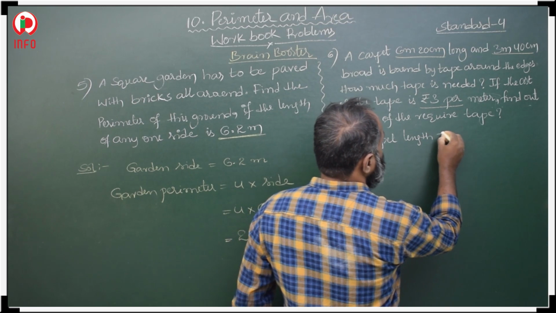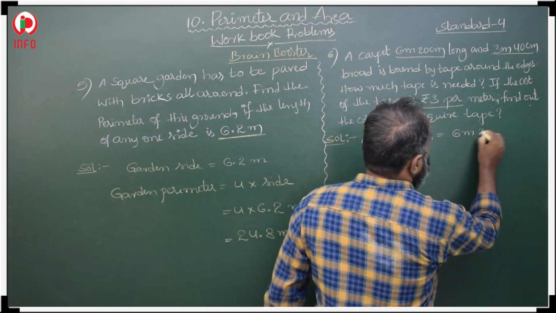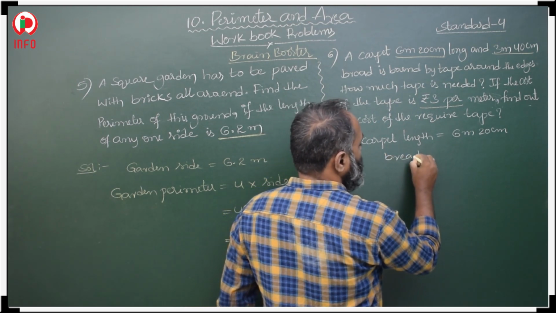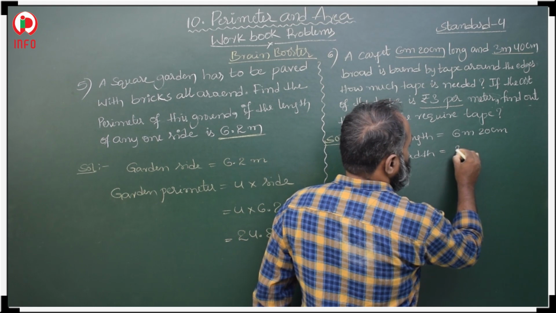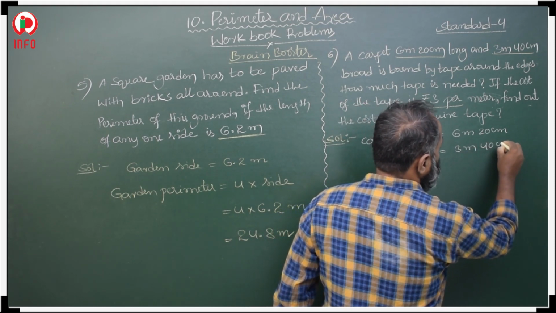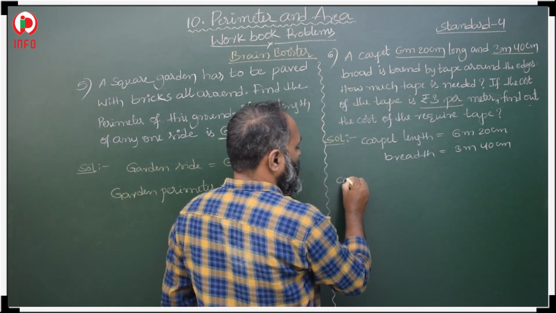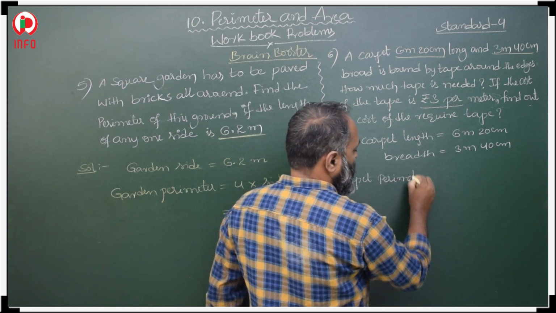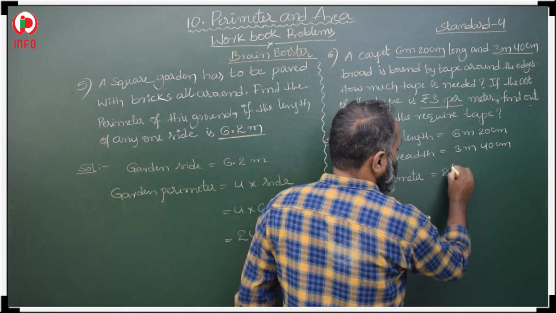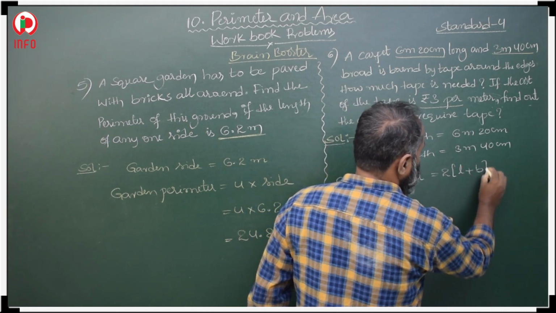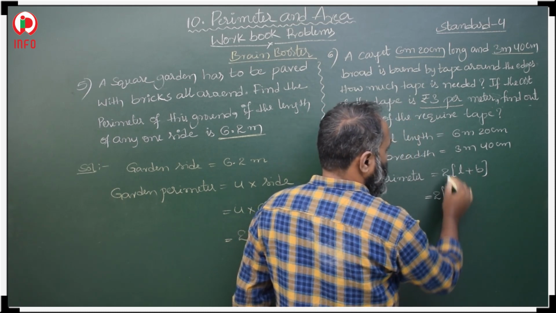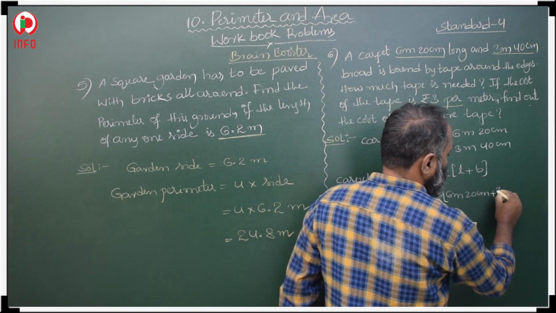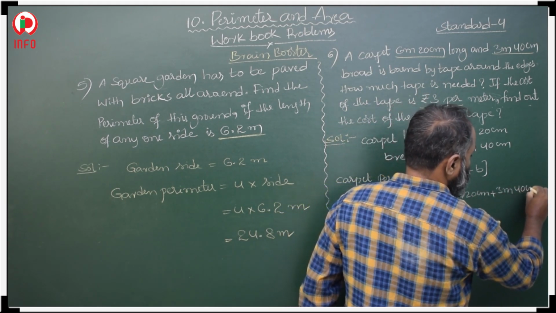Carpet length is equal to 6 meters 20 centimeters. Breadth is equal to 3 meters 40 centimeters. Then carpet perimeter is 2 into length plus breadth, that is 2 into 6 meters 20 centimeters plus 3 meters 40 centimeters.